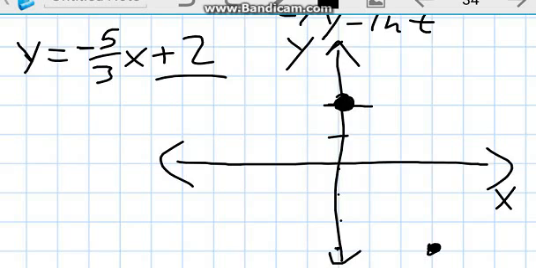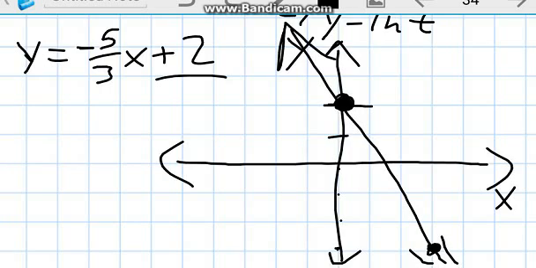Basically, the line will look something like this. You need to remember that a negative slope looks like a plane that's going to land. And you want to look at these graphs from left to right, kind of like you're reading a book.